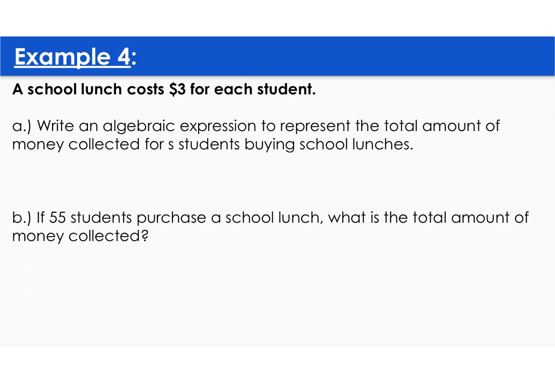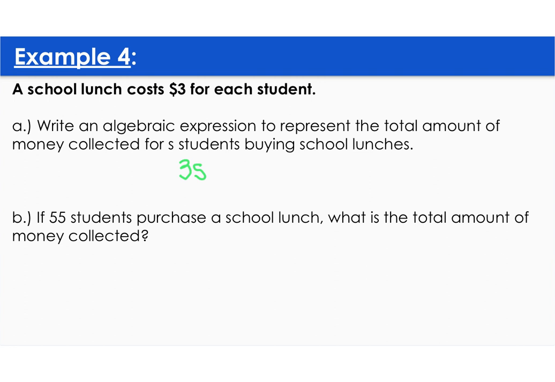I either did multiple addition, 3 plus 3 is 6, or I did 3 times 2. So what I need to do here is, for any amount of students, multiply that by S. So my algebraic expression would be 3 times S, or 3S.